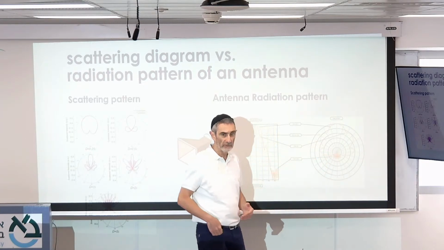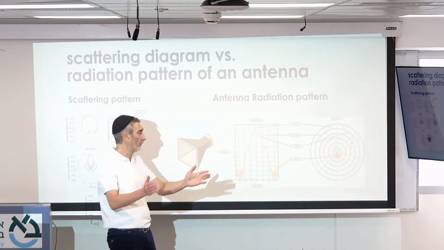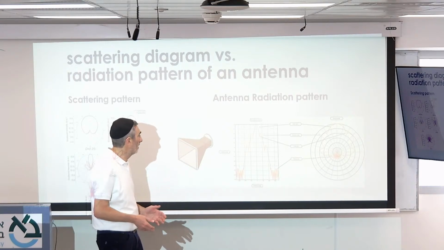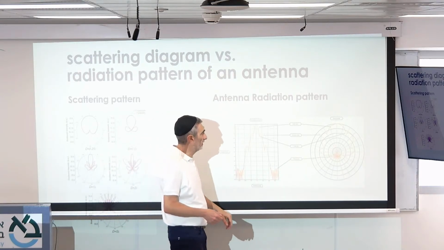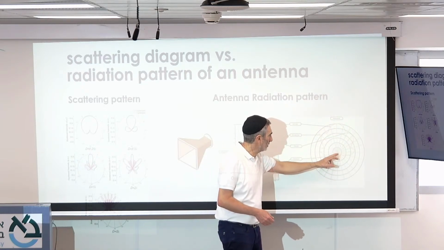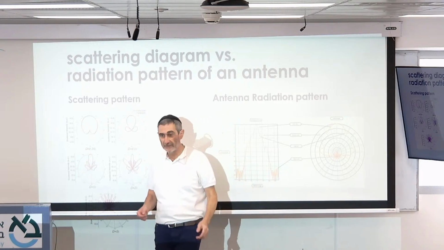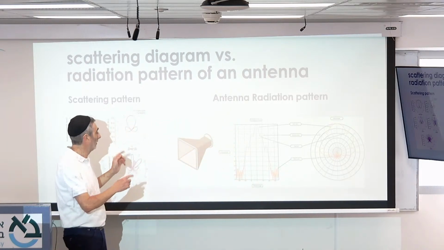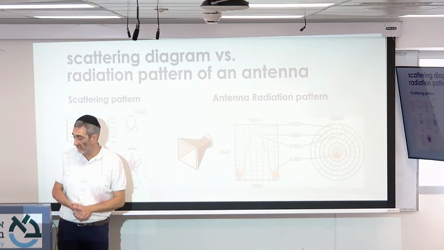If you want to look at the emission of your antenna, you can describe the antenna radiation pattern, which has several lobes in the forward and backward directions. So these two descriptions are quite similar.